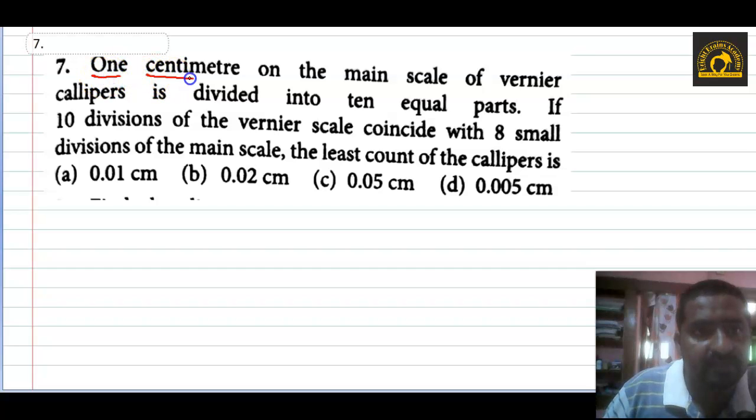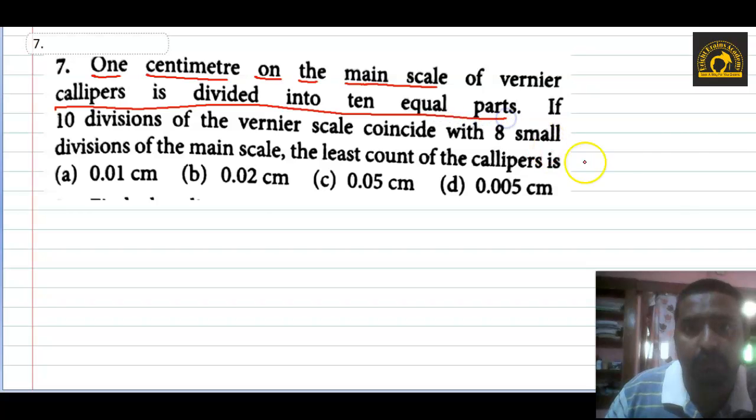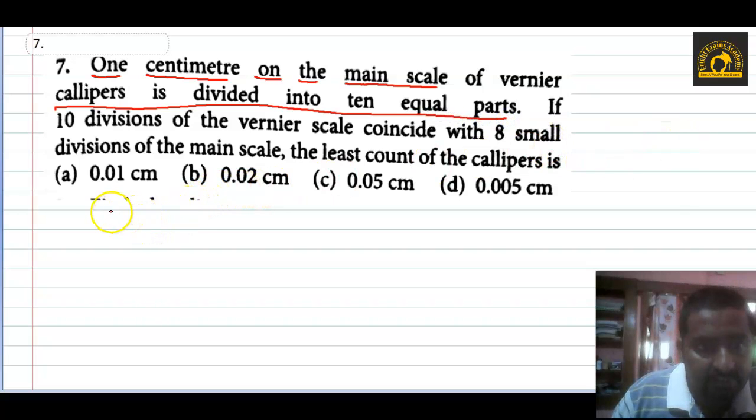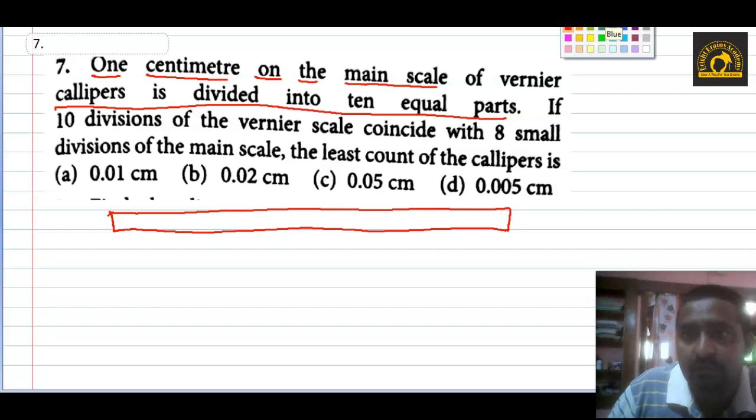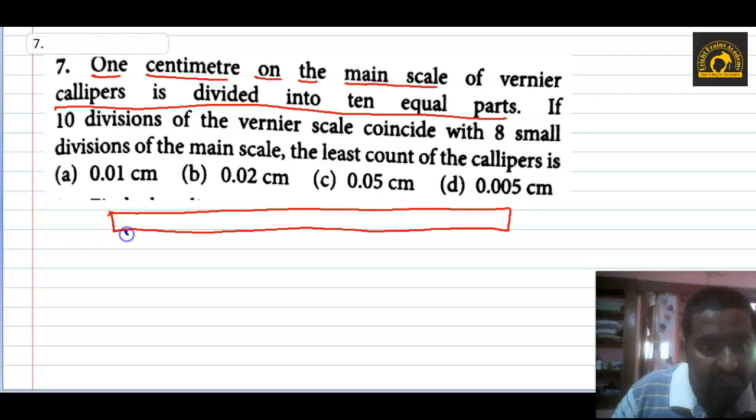One centimeter on the main scale of the vernier scale is divided into 10 equal parts. So let's see the solution. This is the main scale, and this is the vernier scale.